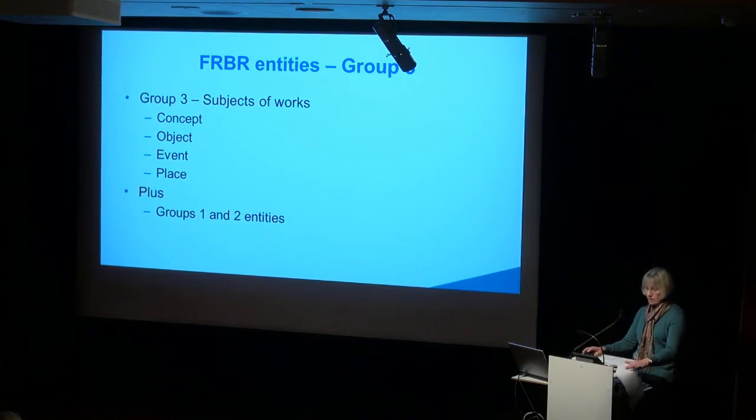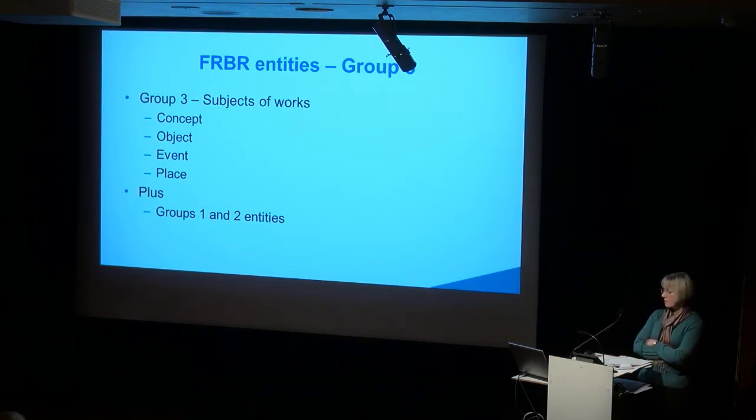And the Group 3 are to do with subjects, and they've been identified as concept, object, event and place, or any of the Group 1 or 2 entities, because any of the Group 1 or 2 entities can also be subjects as well. Now, this is where RDA is not complete. All RDA has done with Group 3 entities is it has a section about place, but it is yet to do anything about concept, object and event.